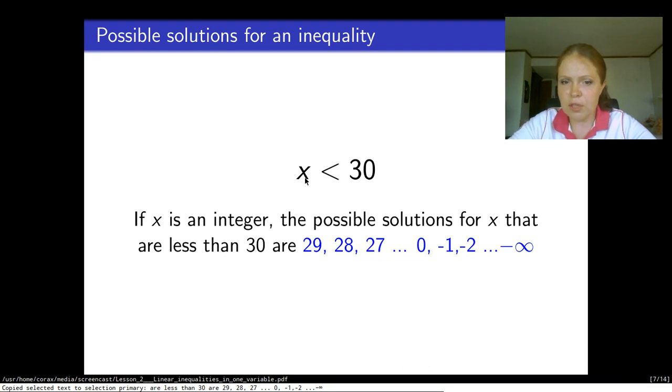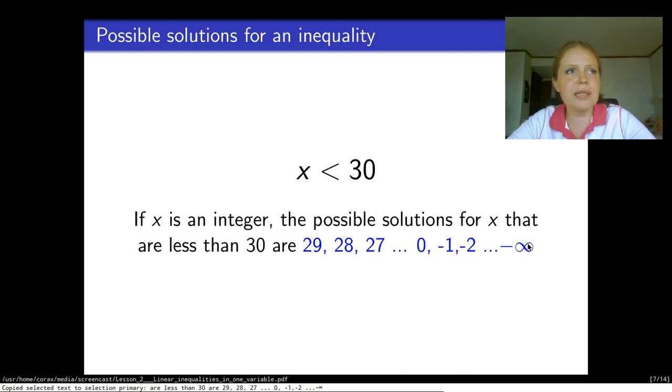Let's see, substitute x with the number 29. 29 is less than 30, right? Right, this is a solution. 28 is also less than 30. This is a solution for this inequality. And 0 and -1 and -2 and so on until negative infinity.